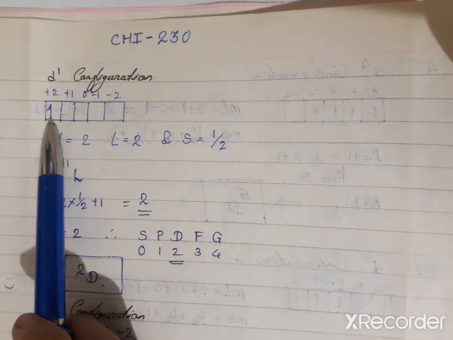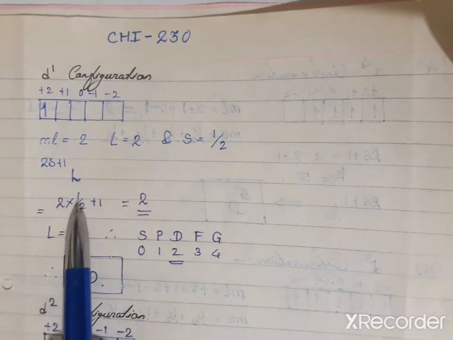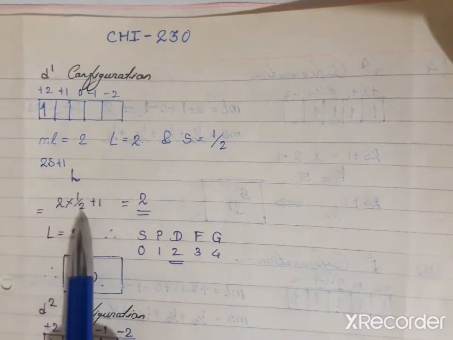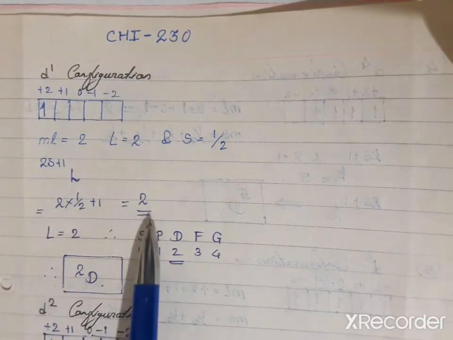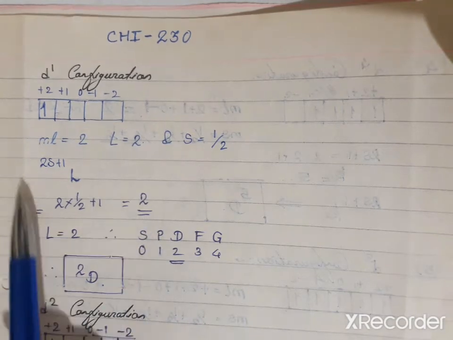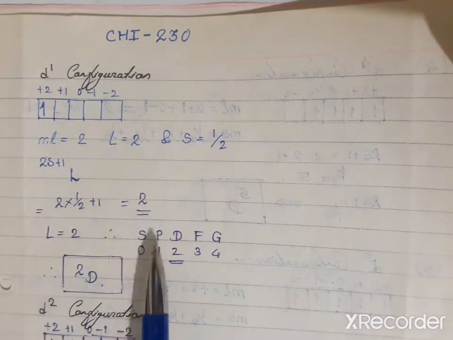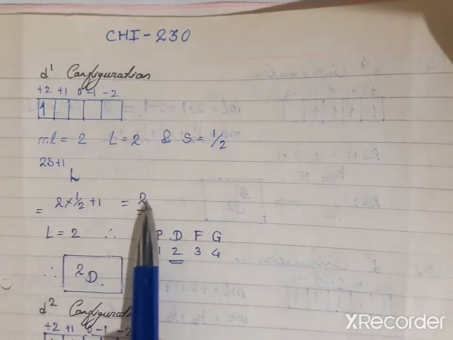So 2 into 1 by 2 plus 1 is equal to 2. So this 2 is the spin multiplicity, 2S plus 1.